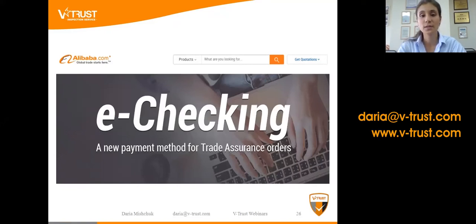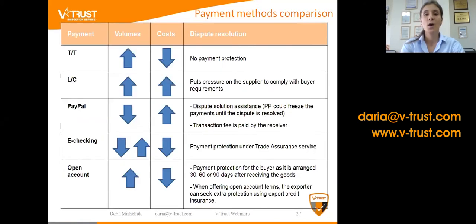So trade assurance and e-check-in give you a security tool to be much safer about your order. But this is only integrated in Alibaba, so it's not a common method for dealing with suppliers outside of the Alibaba platform.